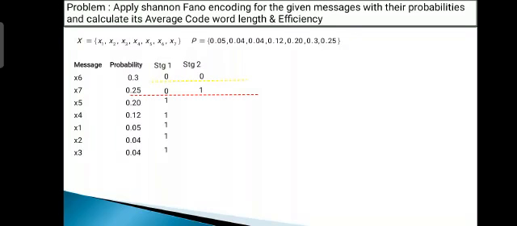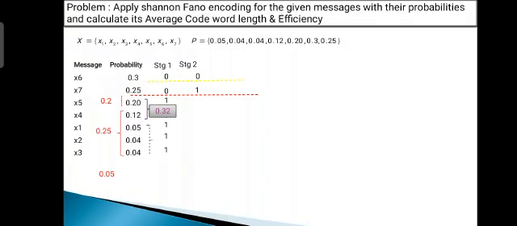For the first try, I'm just going to consider 0.20 in one set and the remaining probabilities in the next set. The sum of the probabilities is 0.25. The difference between these two sets is 0.05. For the next trial, I am going to combine 0.20 and 0.12 in one set and the sum is 0.32.